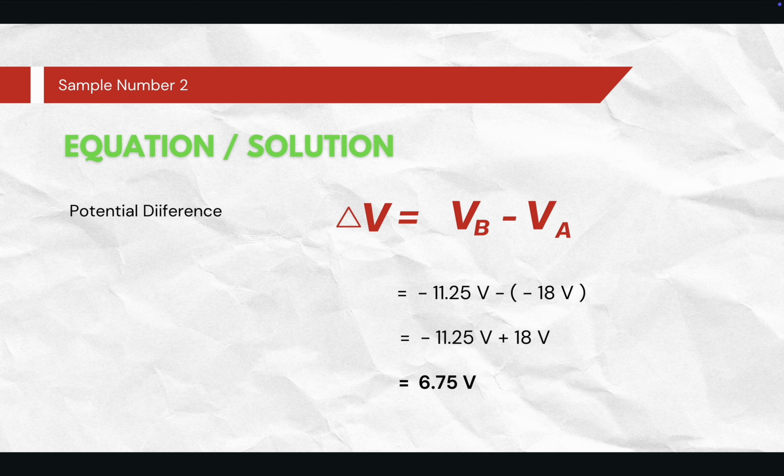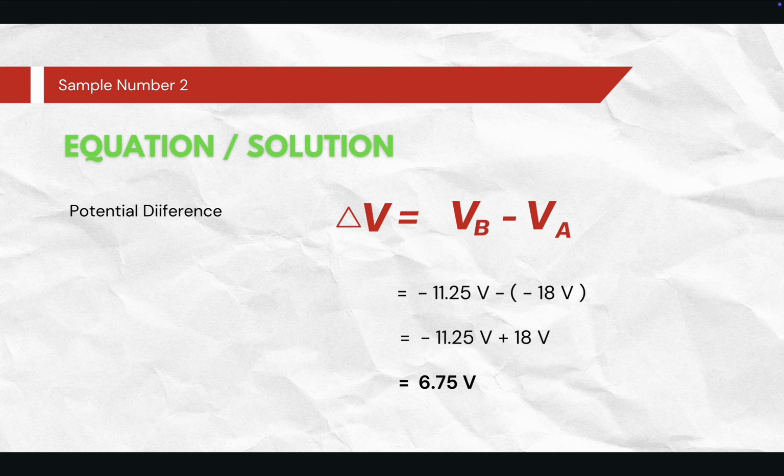So, negative 11.25 V plus 18 V, yung potential difference ng problem number 2 is 6.75 V. Or pwede ring 7. Ganun lang hanapin yung potential difference niya.